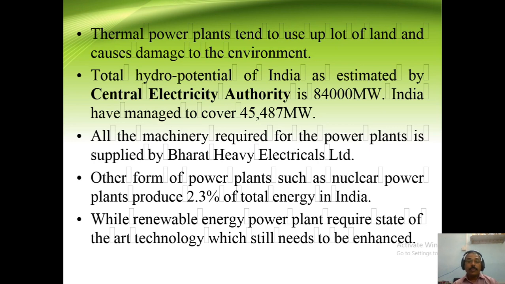Also, we can find from the statistics that the hydro potential of India, estimated by the Central Electricity Authority, is 84,000 megawatt. Along with the thermal power plants, we are having power production from hydropower plants, that is the hydro potential.